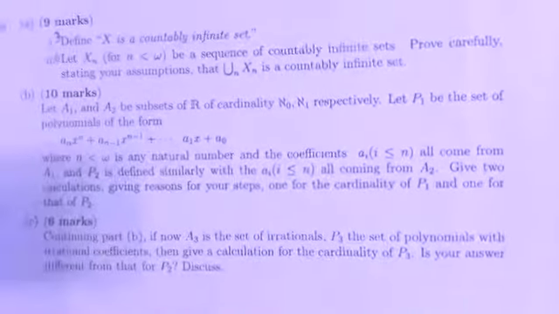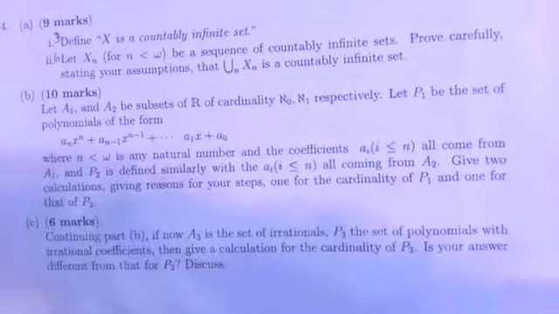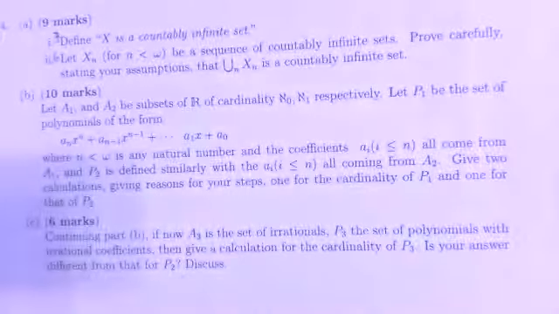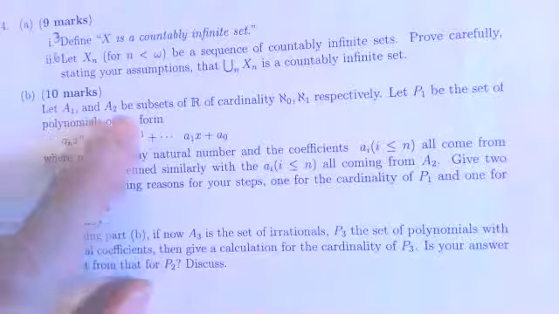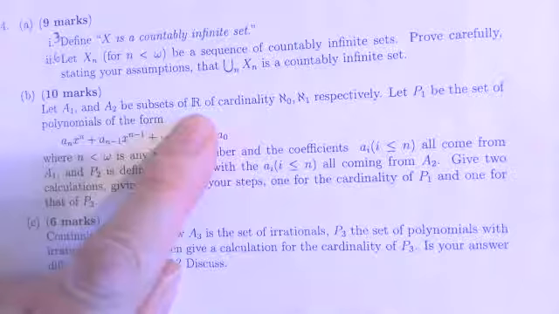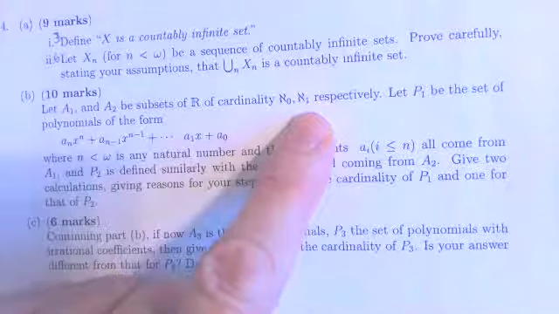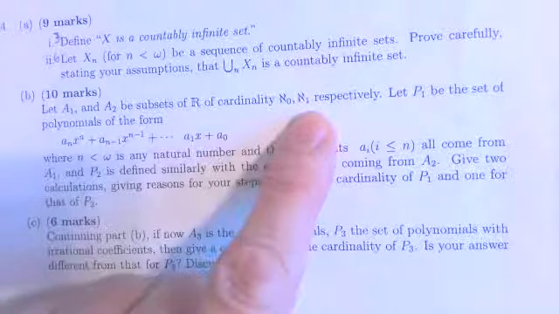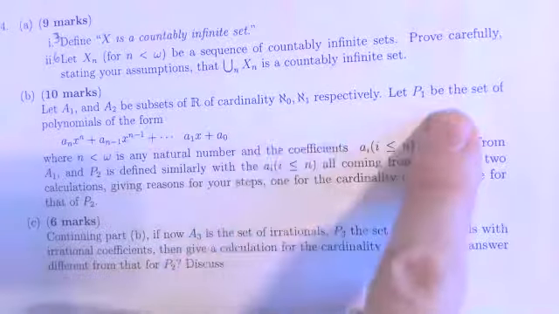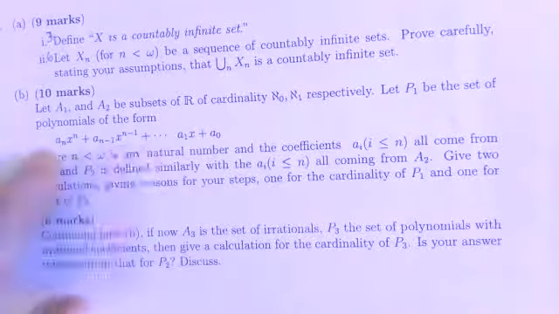So we use this in part 2, part B. What we have here in part B is we've got sets of reals, A1 and A2, and they're of cardinality Aleph 0 and Aleph 1. So countable, and the first uncountable cardinal. Then P1 is going to be a set of polynomials, and this is what a polynomial looks like.